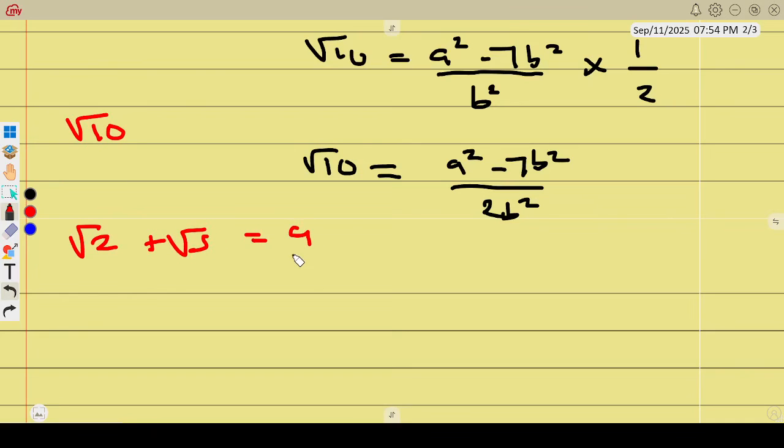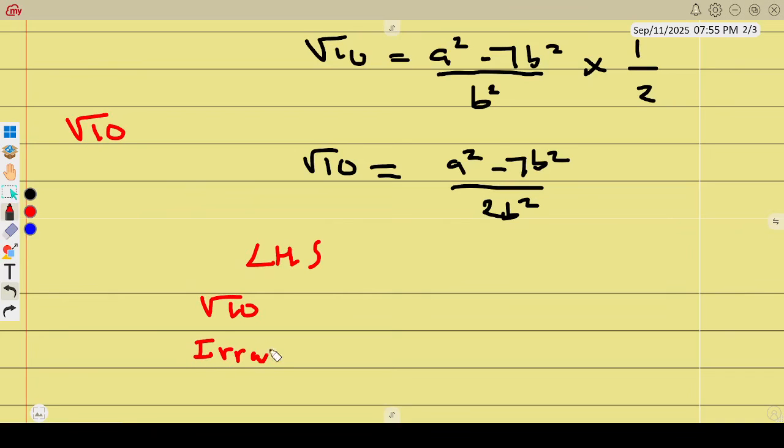And then we are trying to see what will happen when we say it is equal to a over b. So what we've ended up with here, on the left hand side, it is root 10, and they already told us that root 10 is irrational.